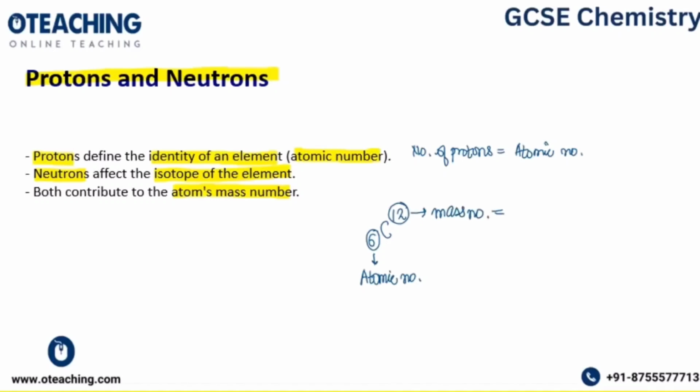Mass number is equal to the number of protons plus the number of neutrons. That is why both protons as well as neutrons contribute to the atom's mass number.